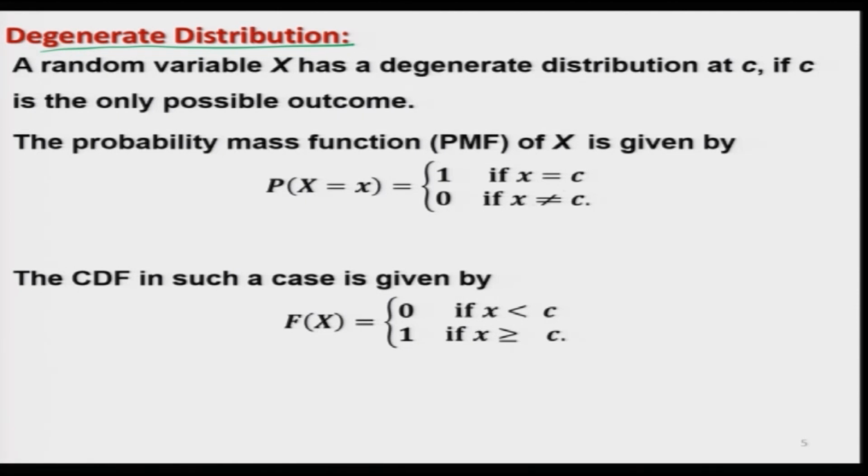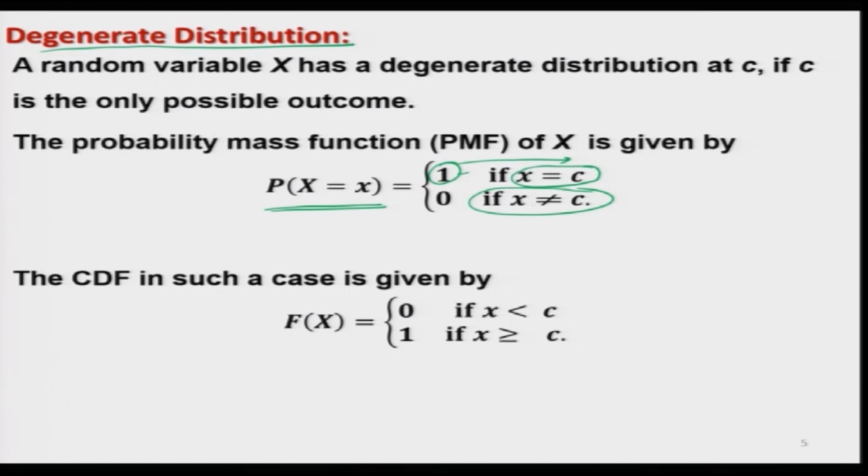And if you try to describe such behavior through a mathematical function, don't you think that I can write down here the probability that capital X is equal to small x takes value 1 if x is taking a value c, some constant value, and it takes value 0 otherwise, means if x is smaller than c, x greater than c, whatever it is, it is always taking the value 0. So, that means the entire probability is concentrated only at the point x equal to c.